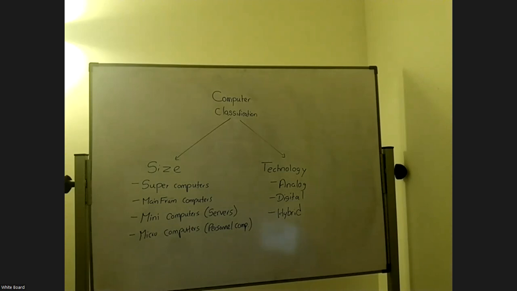And now you can see it is large in size, expensive, and very rare. No one needs this kind of processing power unless it is necessary for special purposes. What are the special purposes it is used for?